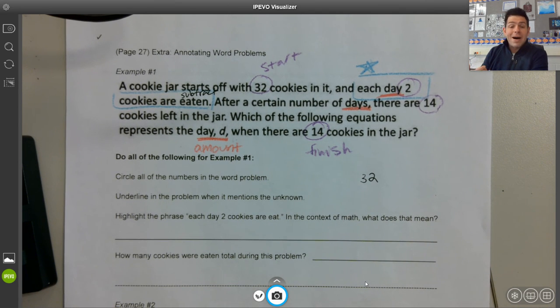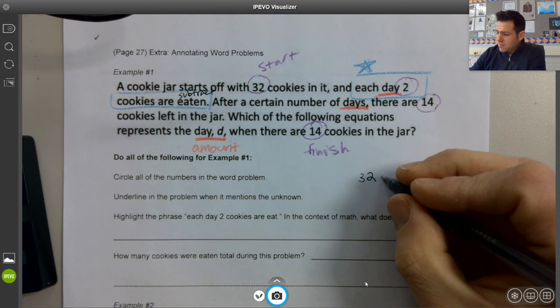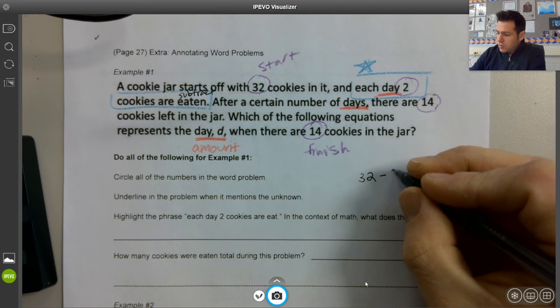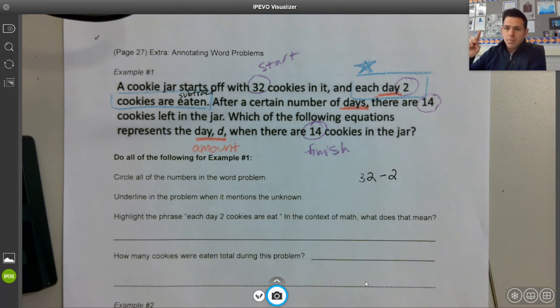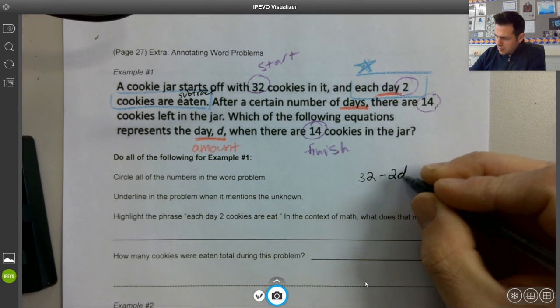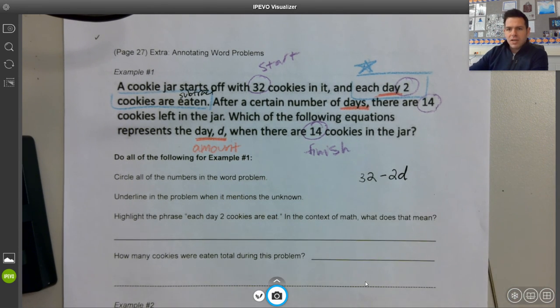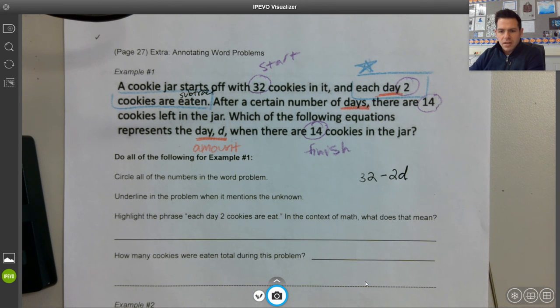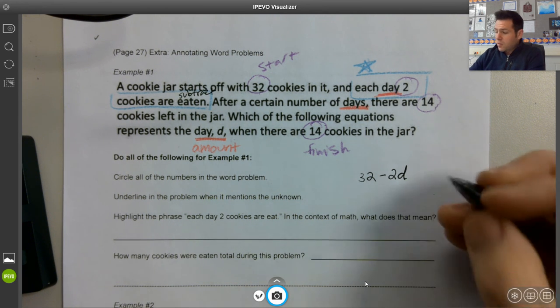We're removing 2 cookies from the pile, so we're subtracting away 2 cookies, big word here, each day. So we know that that word each means it's going to be a term with a variable in it. And we want to figure out how many days it would be until we get to 14 cookies.